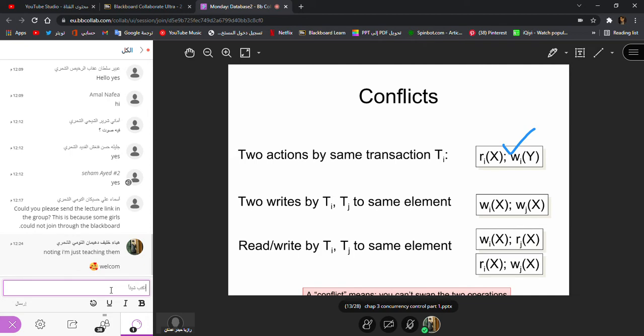There is a conflict because transaction 1 should finish updating data element X, then transaction 2 should read that element. Otherwise, it will read maybe a dirty value or garbage value, right? The opposite is also a conflict: transaction 1 is reading data element X and transaction 2 is writing on data element X. So these are the opposite.